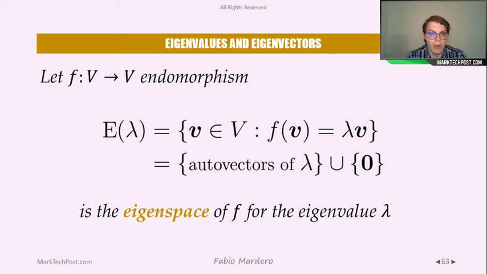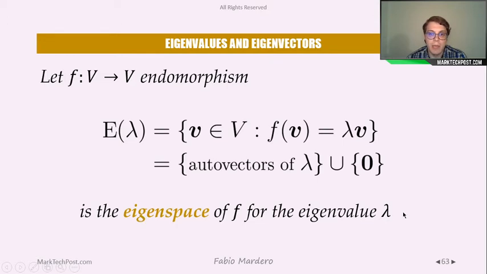So let's retrieve our f endomorphism. We define the eigenspace of f, given an eigenvalue lambda, as the set of eigenvectors of lambda, and we add the null element.